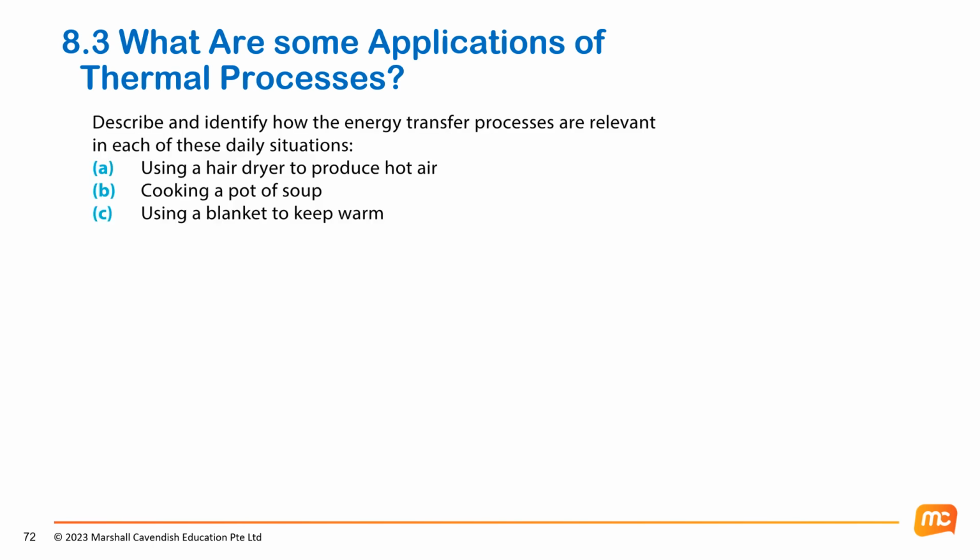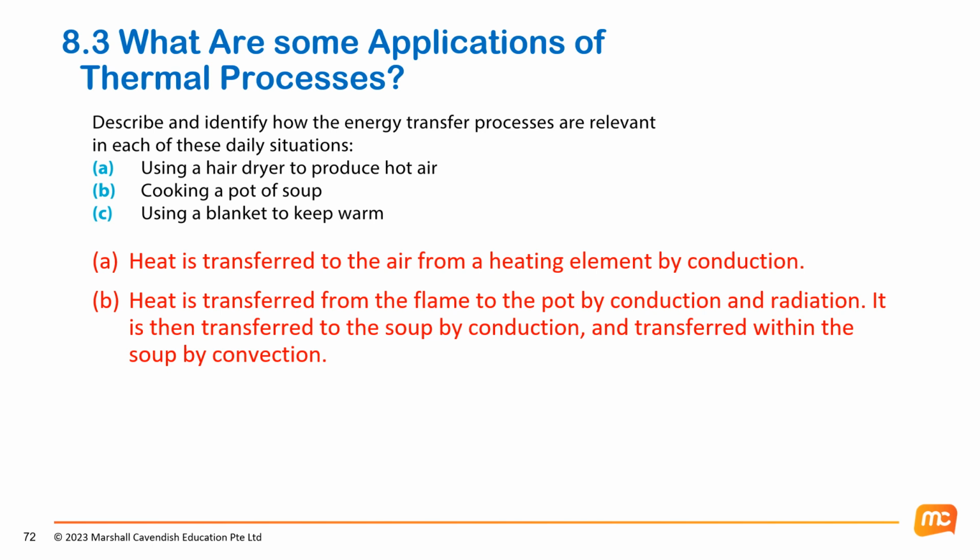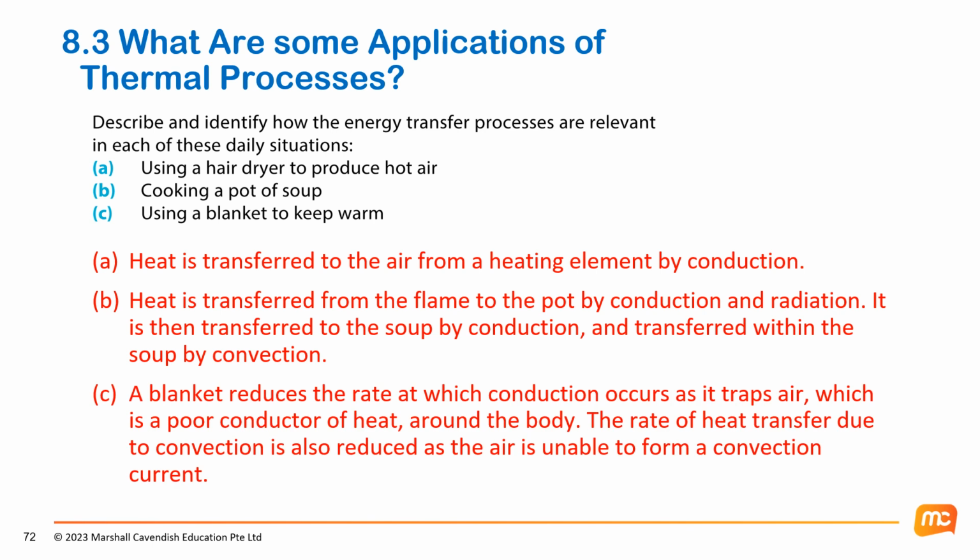So let's look now at our worked examples. Describe and identify how the energy transfer processes are relevant in each of these daily situations: a hair dryer, a pot of soup, and a blanket to keep warm. We've already gone through them earlier, so I'm not going to spend too much time.